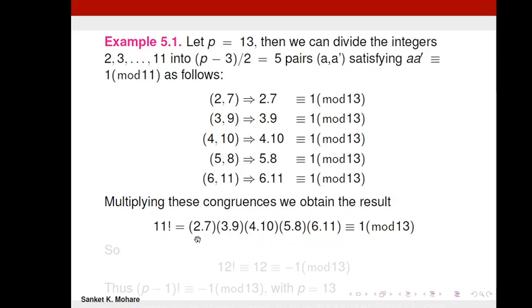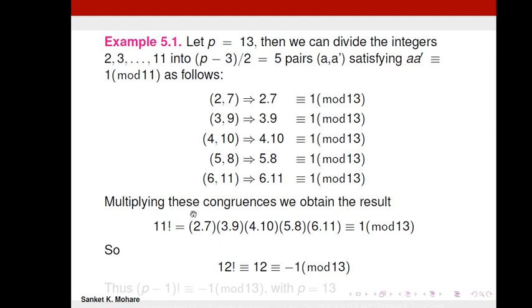So 11 factorial is congruent to 1 modulo 13. How does this come? First we take the multiplication, congruent to 1 into 1 into 1, which is 1 modulo 13. So after multiplying on both sides, this quantity becomes 11 factorial. That's why 11 factorial is congruent to 1 modulo 13.